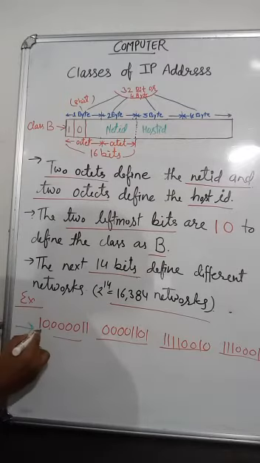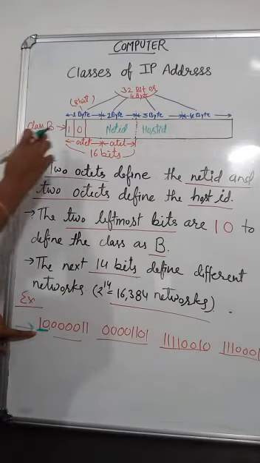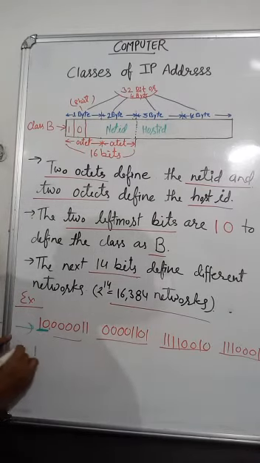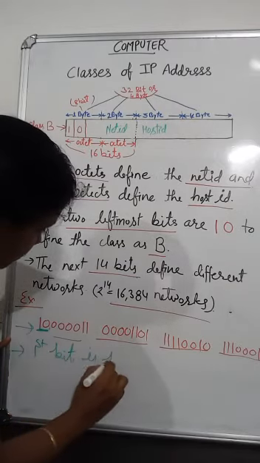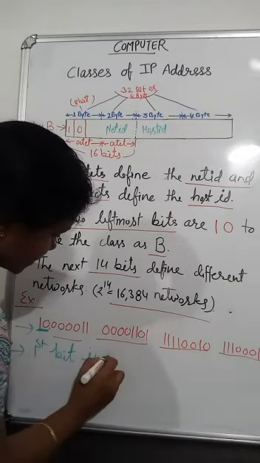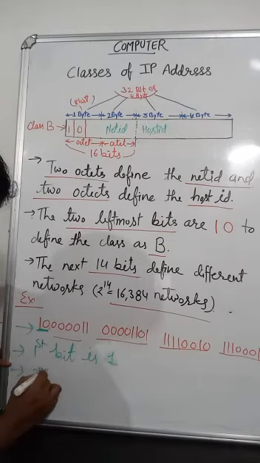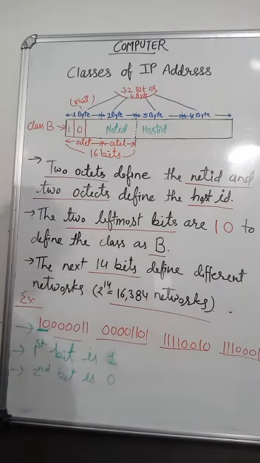The first bit is 1 and the second bit is 0, so this is a class B address.